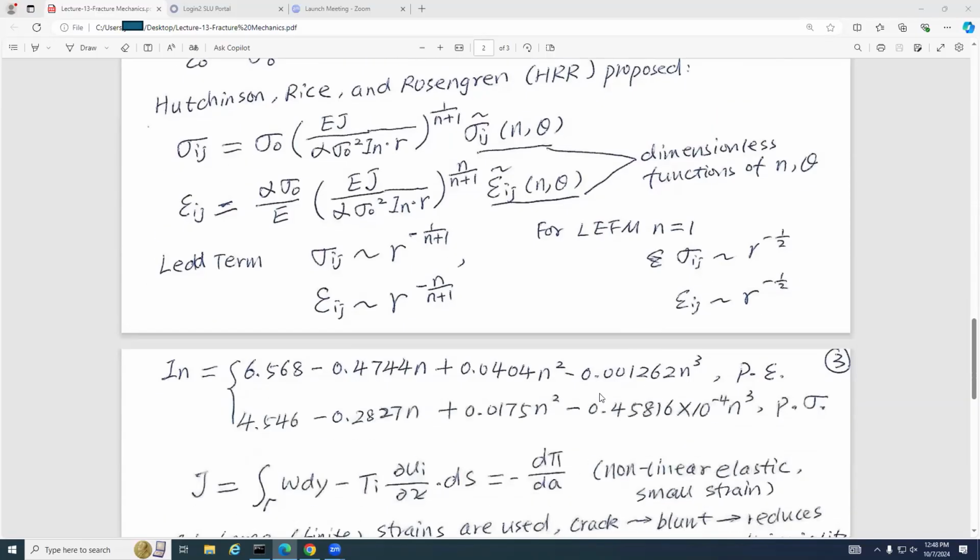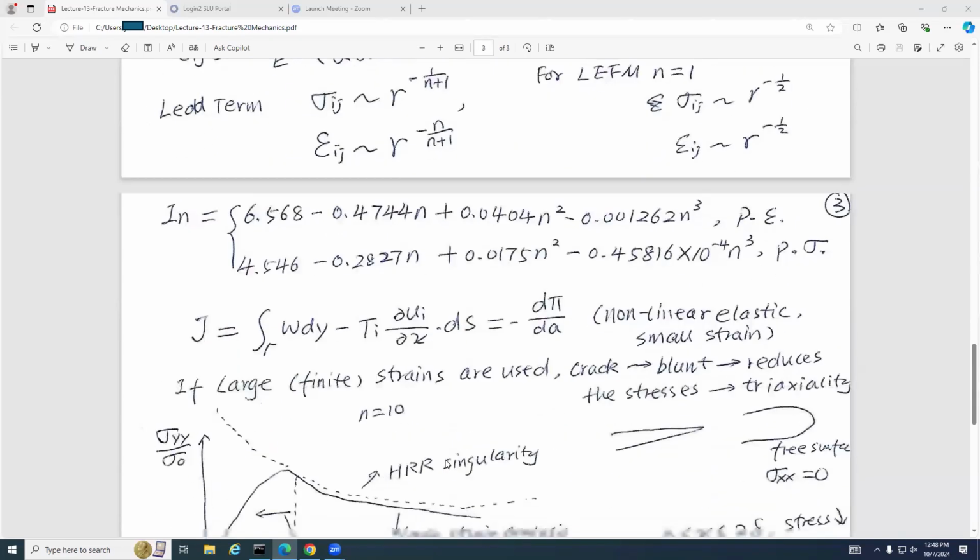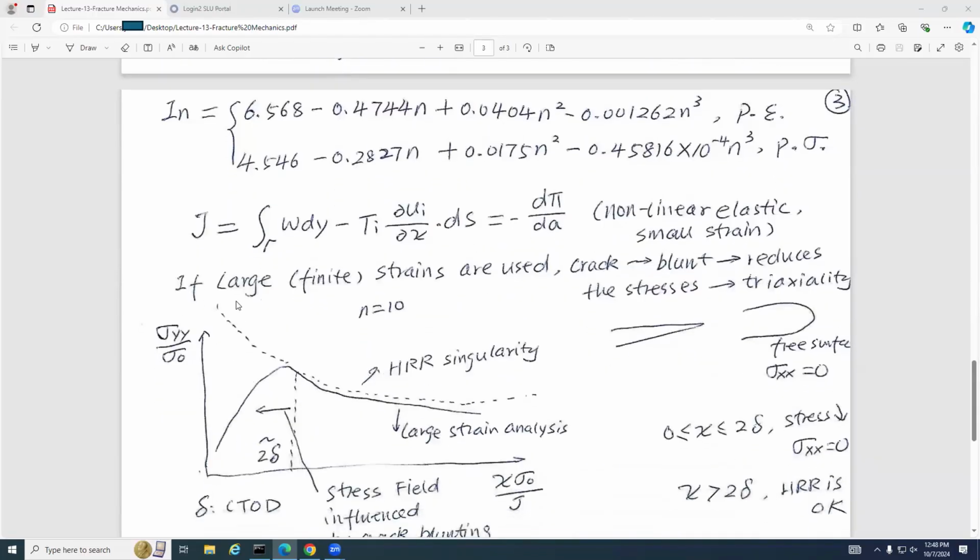Here we have these two equations for plane strain and plane stress, respectively. And for J, it is defined by this equation, J equals negative d Pi dA, for nonlinear elastic small strain. However, if large strains are used, the crack becomes blunt and then reduces the stresses, and then we will have triaxiality.